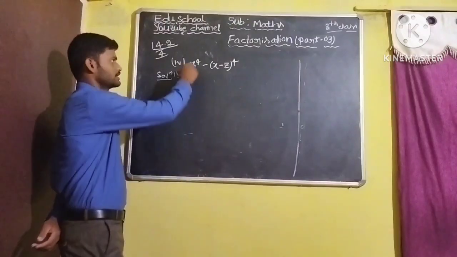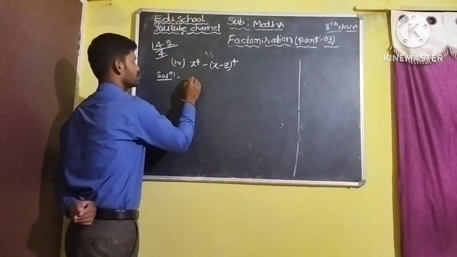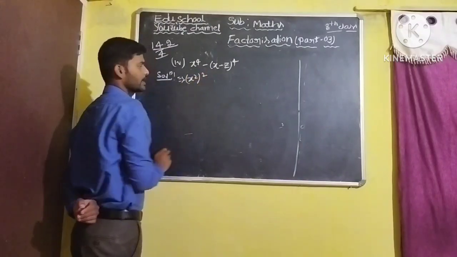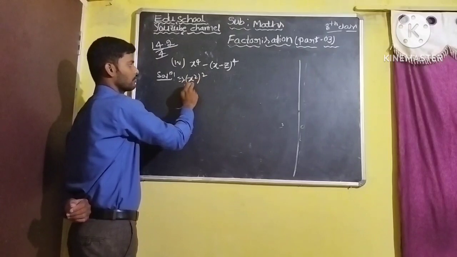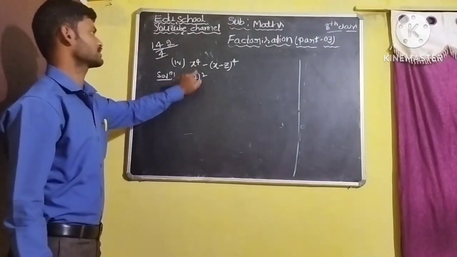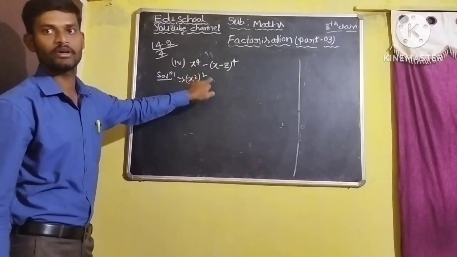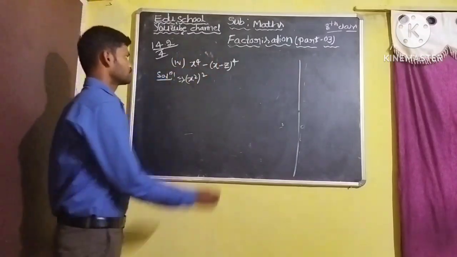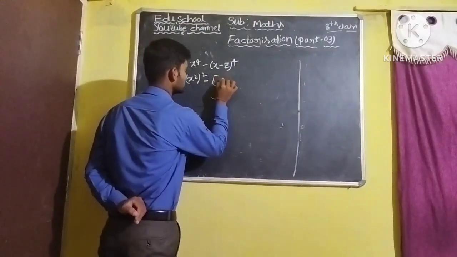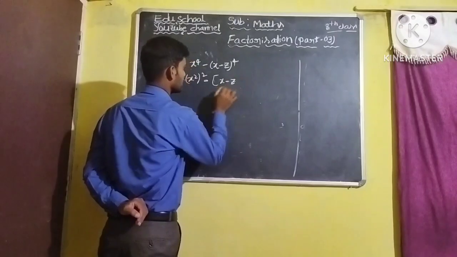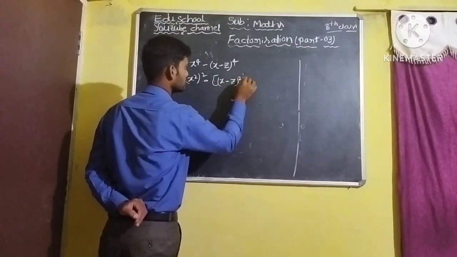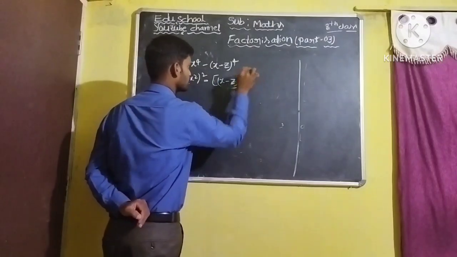X square can be rearranged as x square whole square, so again multiplying 2 into 2 is 4, x to the power of 4 is coming. So I can write x to the power of 4 as x square whole square, minus, and x minus z whole power 4 I can write as x minus z square whole square.